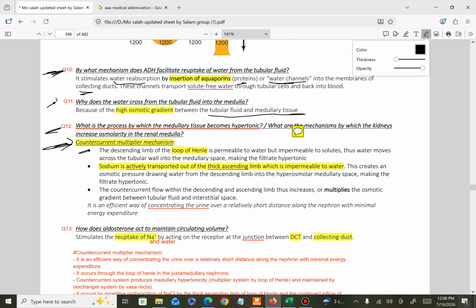The descending limb of the loop of Henle is permeable to water but impermeable to solute. Thus water moves across the tubular wall into the medullary space, making the filtrate hypertonic.